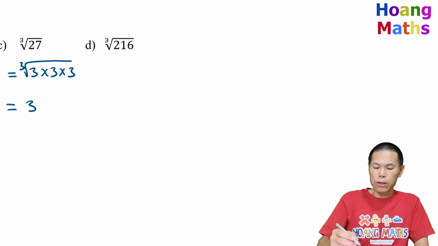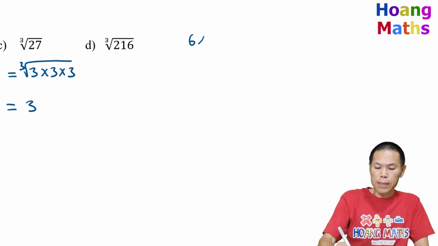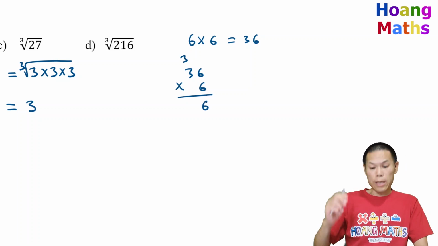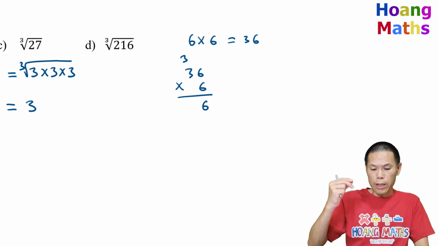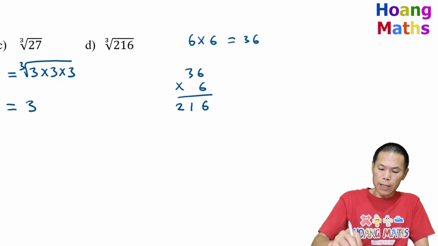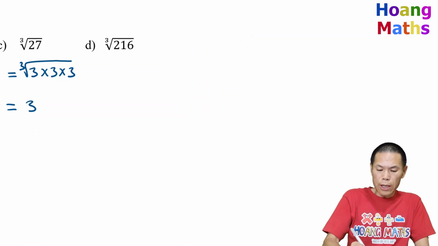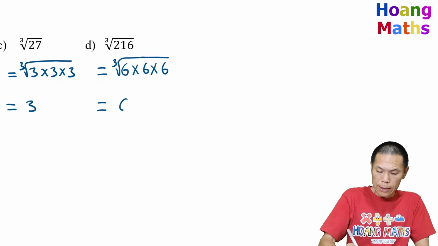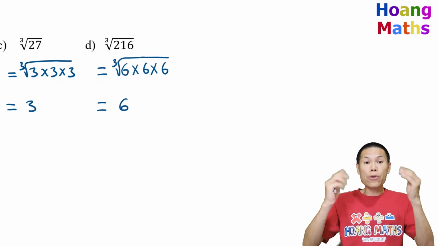Let's work it out to make sure. 6 times 6 is 36, right? And we times one more 6. So 36 times 6: 6 times 6 is 36, 6 times 3 is 18, add 3 is 21. So there you go, 216. So let me clear this. So this is equal to 6 times 6 times 6. Like that. The answer is 6. So there you go.